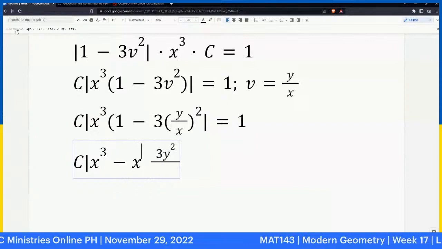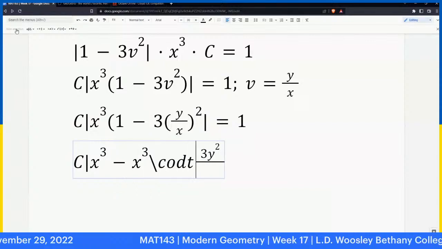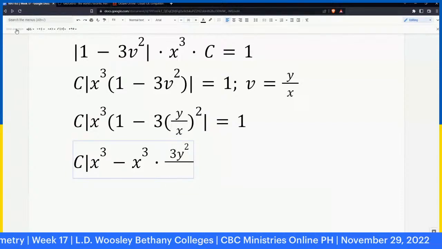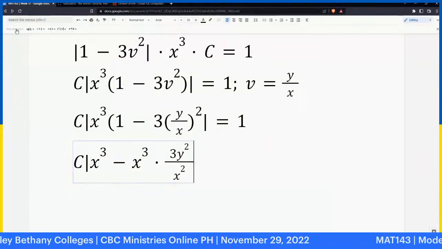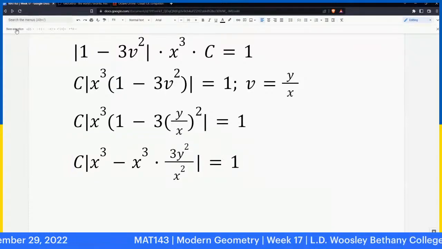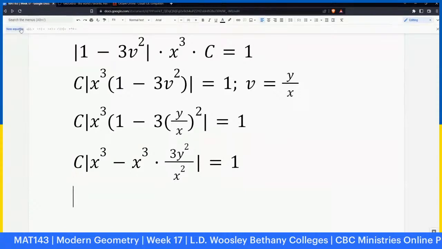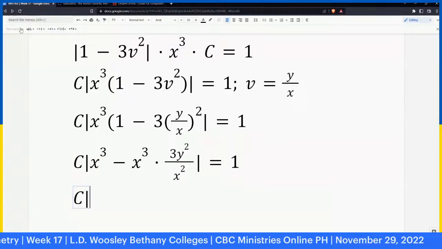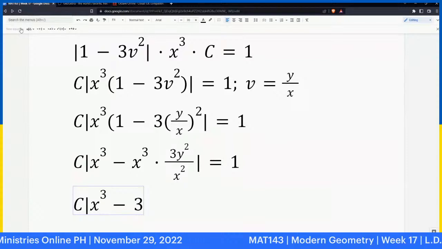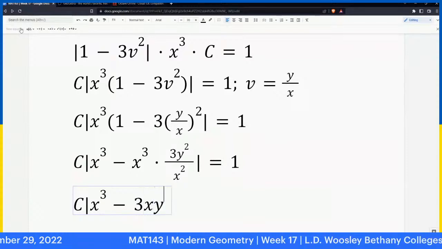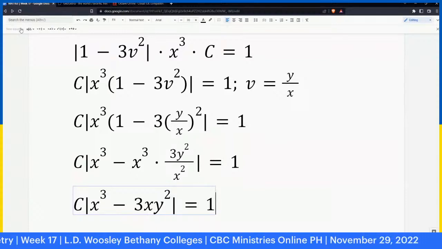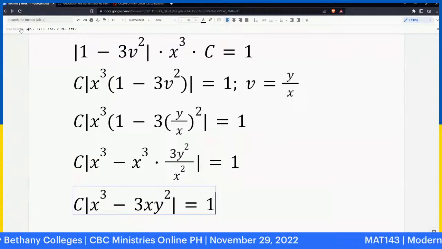Sige, i-x cube ko na rin dito. Oh. So, magka-cancel, no? X squared. Okay, distribute ko na rin yung x cube. See? This becomes minus 3x y squared is equal to 1. Okay? So that's the answer. Haba, no?